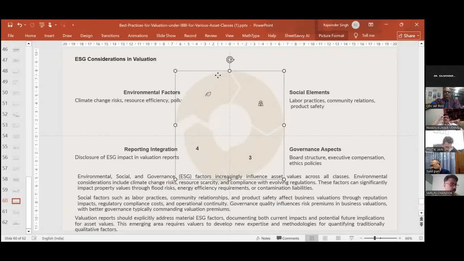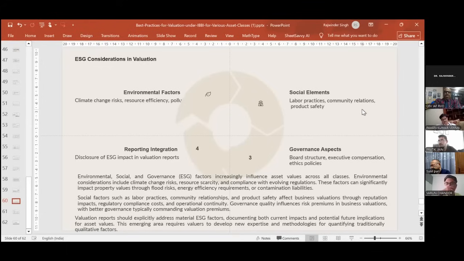Next is social elements. Social elements mean the labor practices being followed by the company, the community relationship it has with the general public, and product safety.